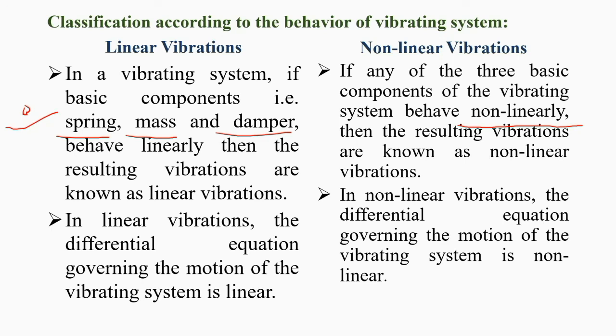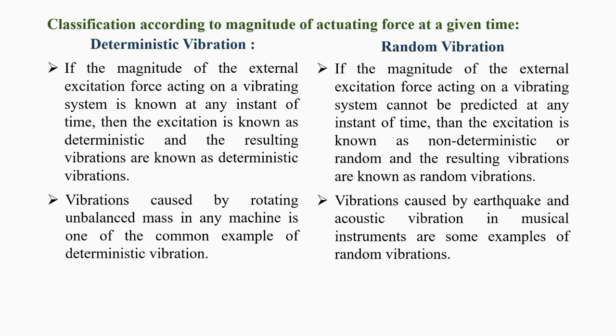Okay, our next classification is according to the magnitude of actuating force at a particular given instant of time. If the magnitude of the external excitation force at any instant of time is known and predictable, then we can say that this kind of vibration is deterministic vibration.